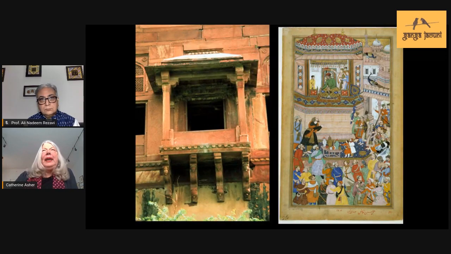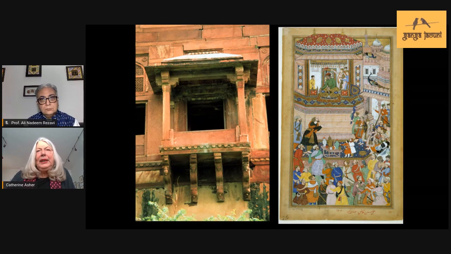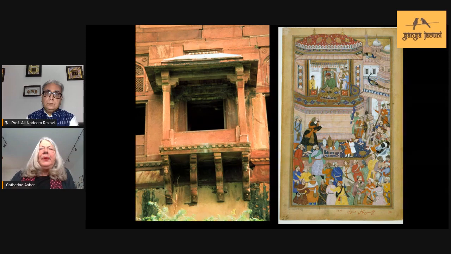And here I'm showing you a detail, and I'm showing you a painting from the Victoria and Albert Akbarnama, which most people believe is the version that was actually presented to Akbar himself. And you can see Akbar peeking out of his window and how he's being presented to his subjects.